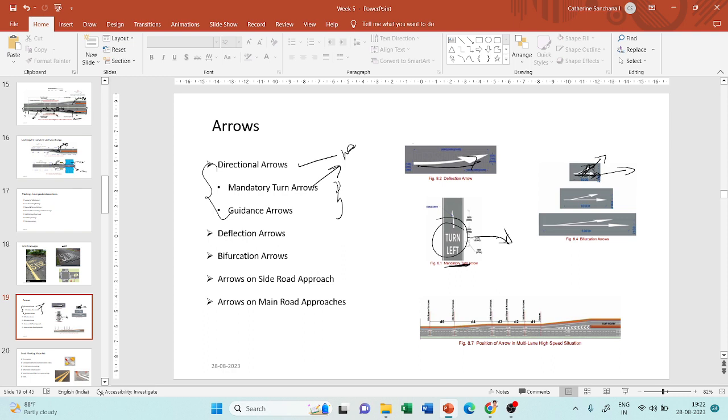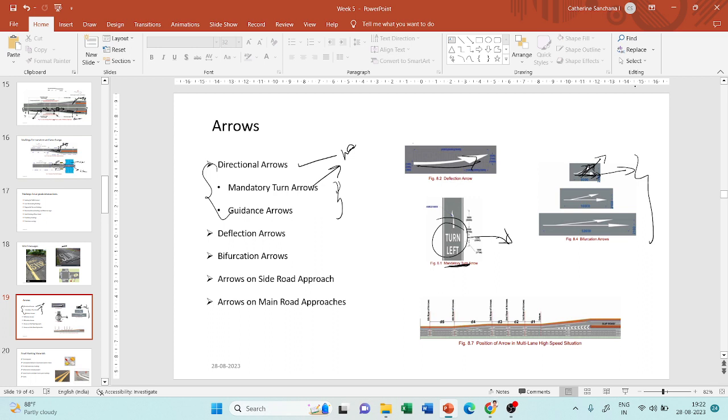They are also provided at the beginning of a deceleration lane. We saw what a deceleration lane is, and they guide you through it. They are prescribed in three sizes.